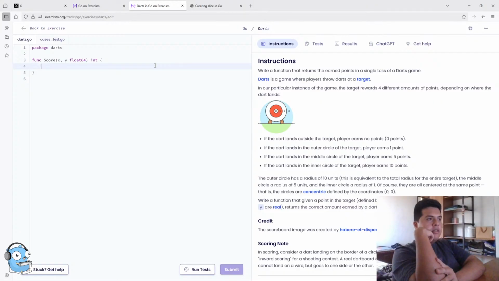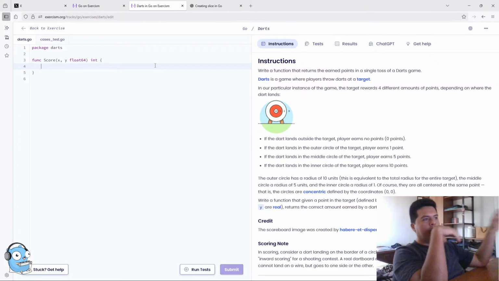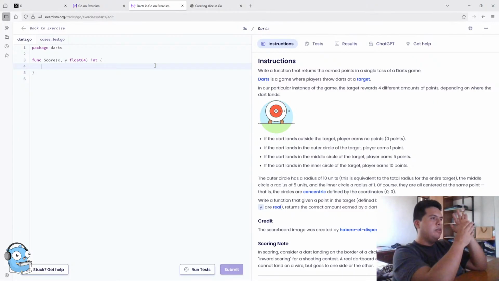If the dart lands outside the target, player earns no points, 0. If the dart lands in the outer circle of the target, player earns 1 point. If the dart lands in the middle circle of the target, player earns 5 points. If the dart lands in the inner circle of the target, player earns 10 points.